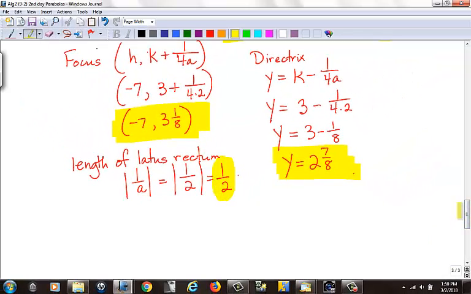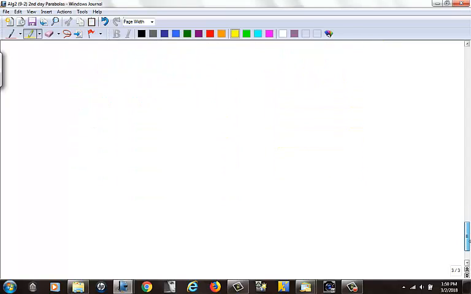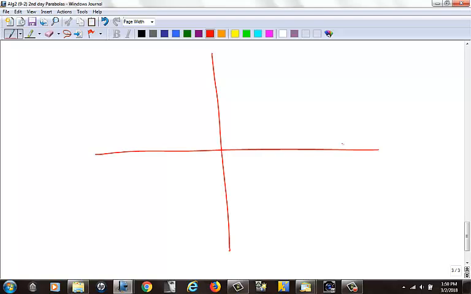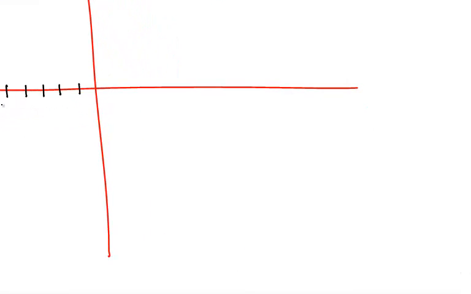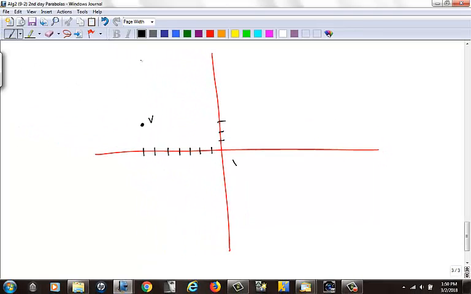Now let's graph it with the information we've got. First we know the vertex. The vertex is at negative 7, 3. And that's our vertex. X equals negative 7, so x equals a number is a vertical line.